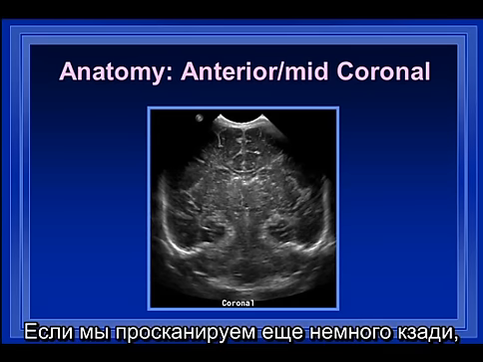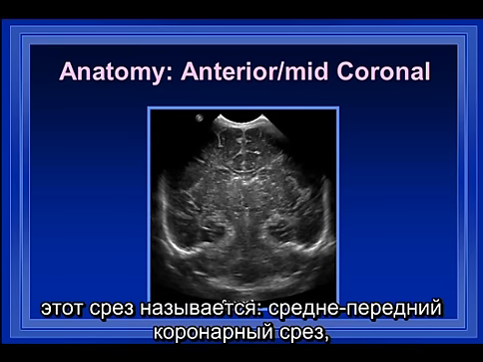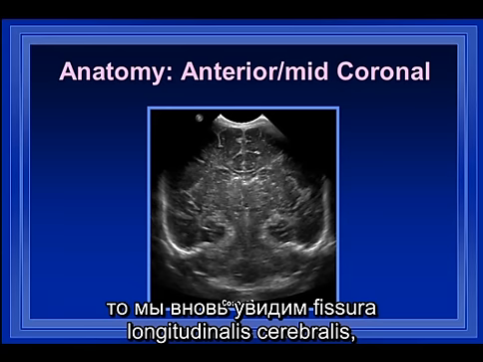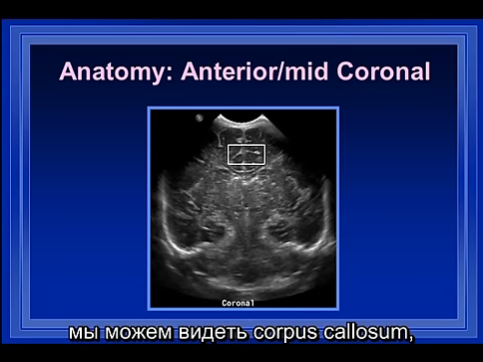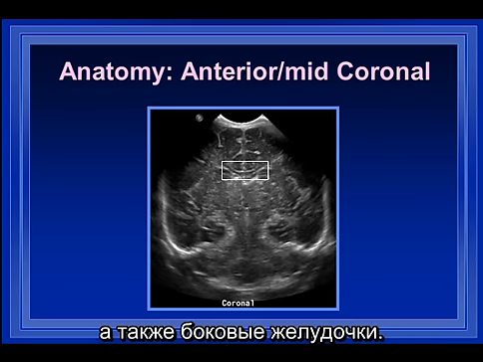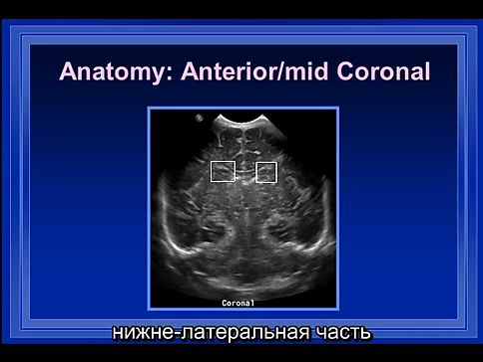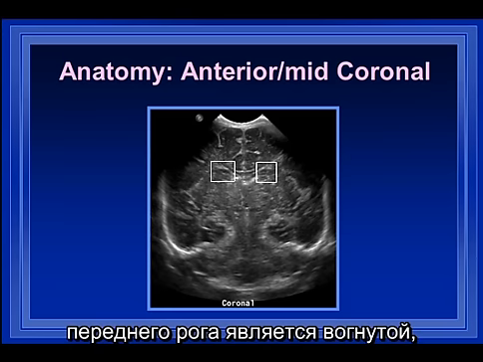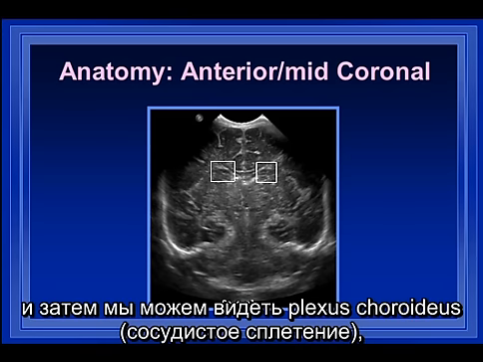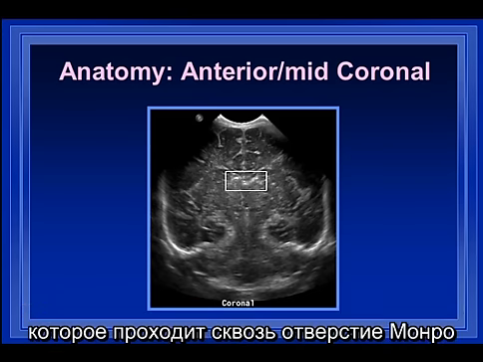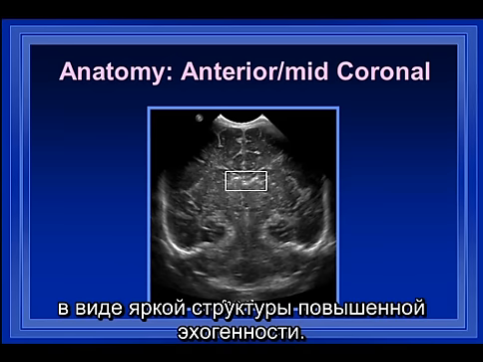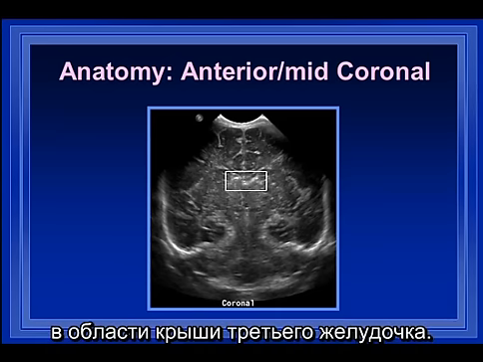As we come back just a little bit more posteriorly to an anterior mid-coronal view, we again see the interhemispheric fissure with the cingulate gyri. We can see the corpus callosum and image the lateral ventricles. Note that the inferior lateral aspect of the frontal horns are concave, and that we can see the choroid plexus as it goes through the foramina of Monroe as brighter areas of echogenicity, and choroid plexus in the region of the roof of the third ventricle.